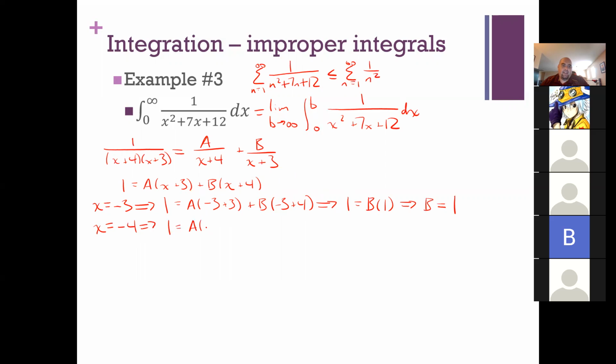So 1 equals a times -4 plus 3 plus b times -4 plus 4. That comes out to 1 equals a times -1. So a is -1. So what I've just shown is this, and I'm going to write a positive term first. This is equal to 1 over x plus 3 minus 1 over x plus 4.